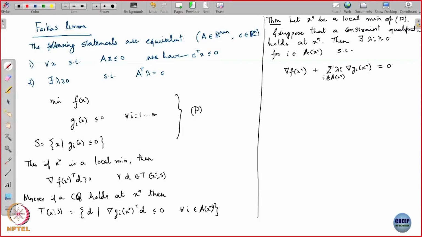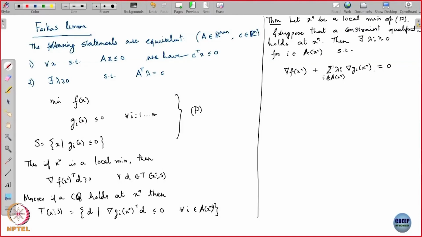What does this say? If x star is a local minimum of this optimization problem and a constraint qualification holds at x star, then you can find lambda I greater than or equal to 0 for I in the active set pertaining to x star, such that the gradient of the objective plus a linear combination of the gradients of these constraints is equal to 0.